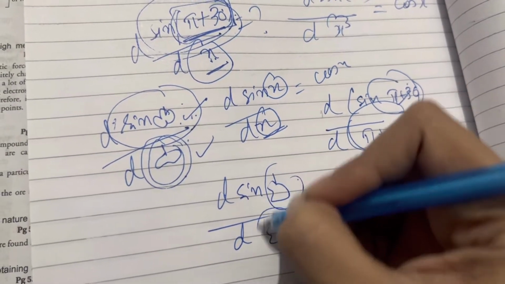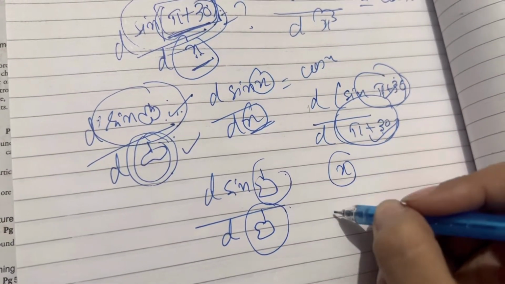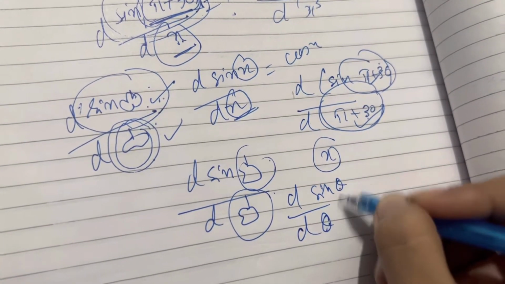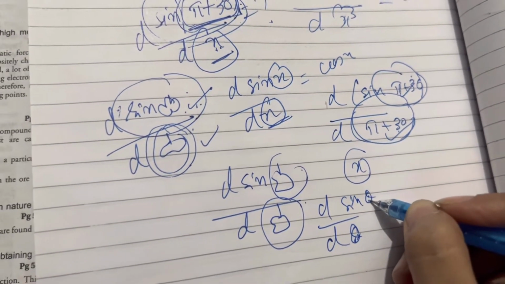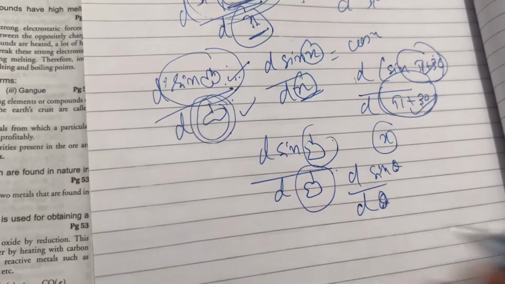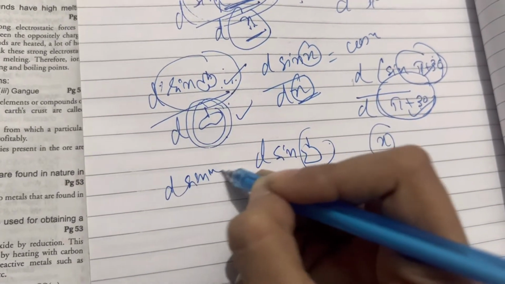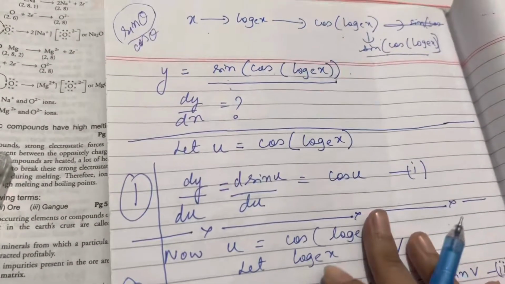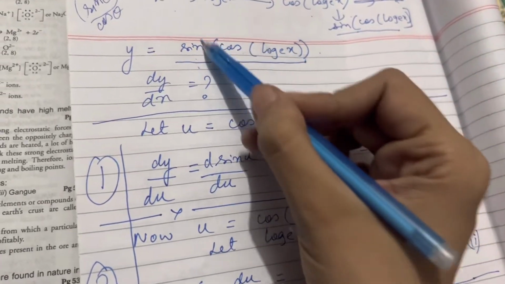It could be anything. If x has been used, it is with respect to x; sine theta would be with respect to theta. So these two should be equal. Okay, this is the first thing you need to know. So d of sine x with respect to x is cos x. But here it is d of sine of this whole thing.